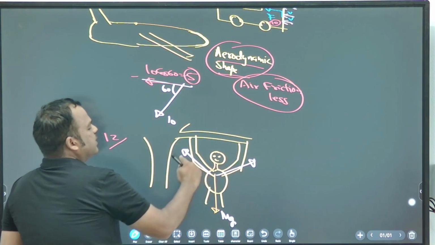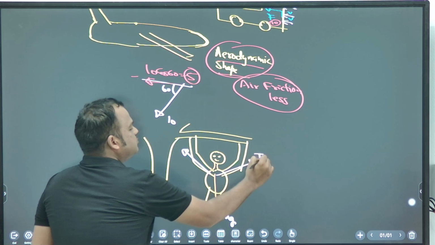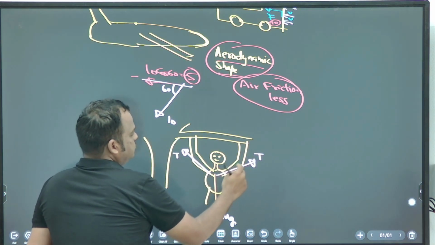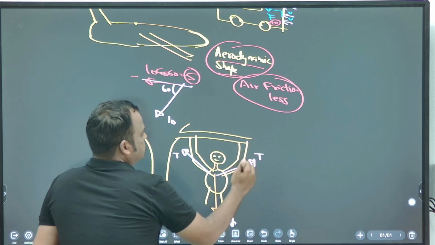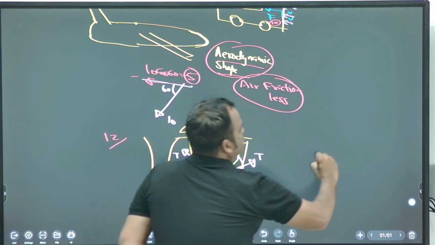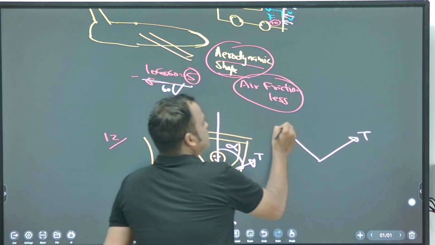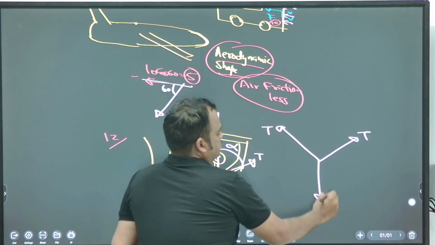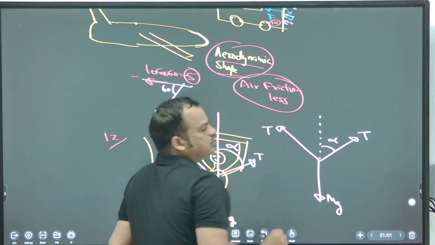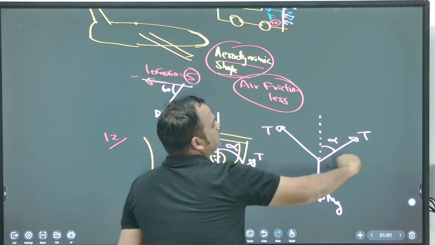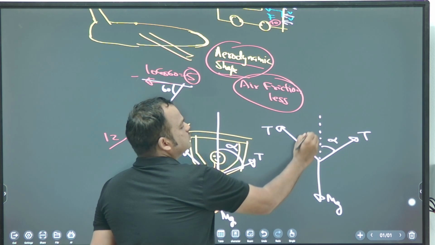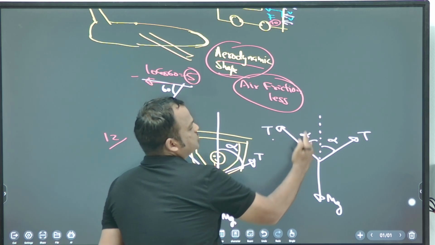So both will experience the same force, tension T. Now with the vertical, what angle is it making? Suppose alpha. This is T, this is T, here is mg. What is this angle? Alpha. So what is the upward component? T cos alpha, and for this also T cos alpha.